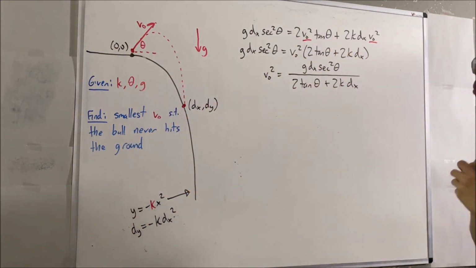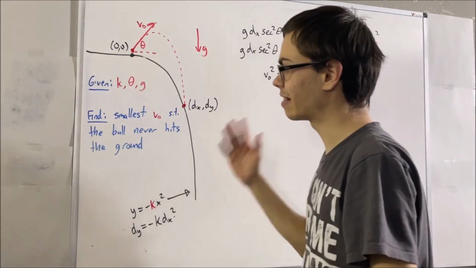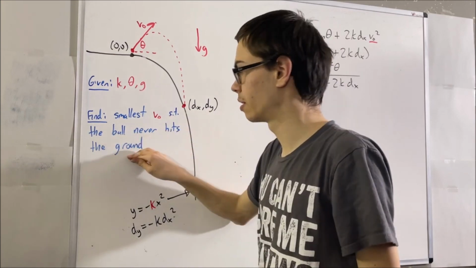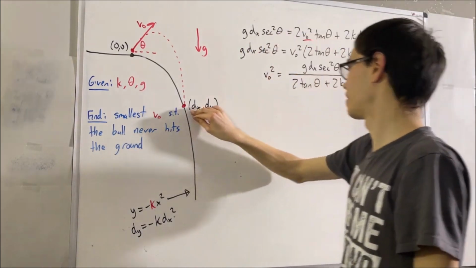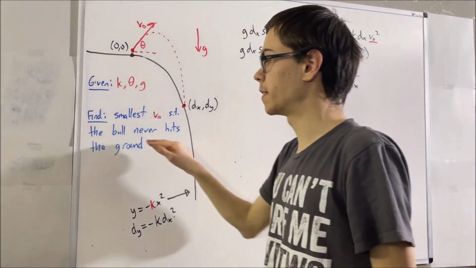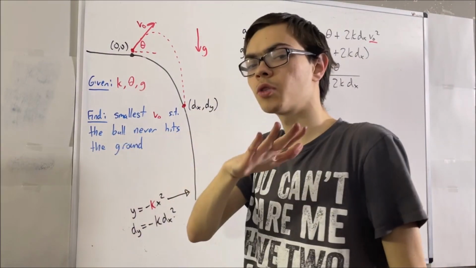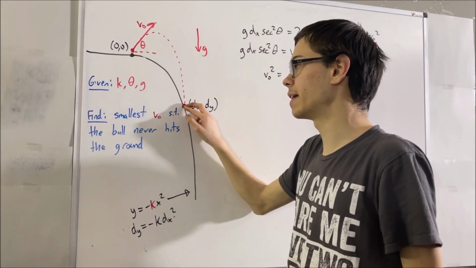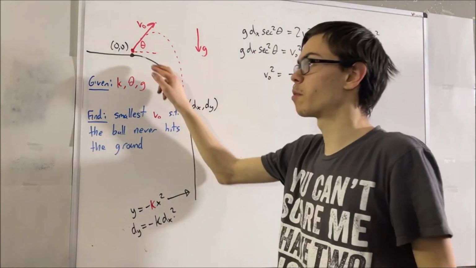And really, this doesn't tell us anything about the value of v naught such that the ball never hits the ground, because dx can be a finite value. But in order to think about what happens if the ball never hits the ground, another way of looking at that is thinking about what happens if this point is infinitely far away from our starting point.